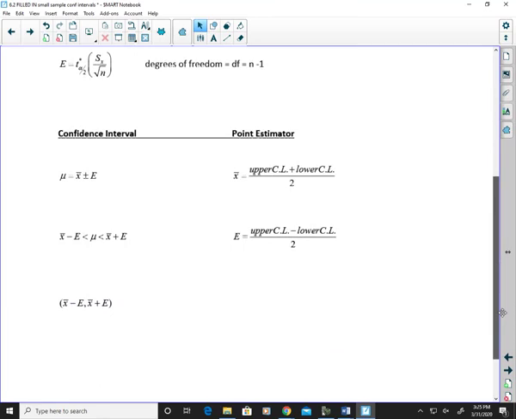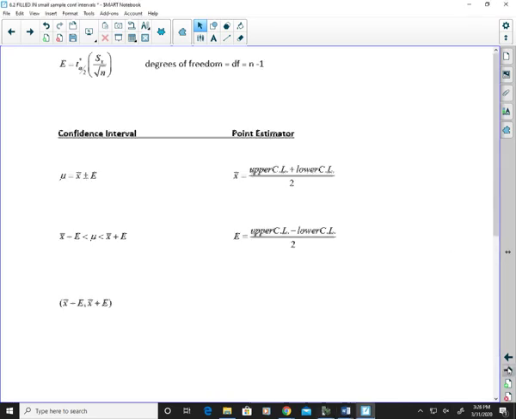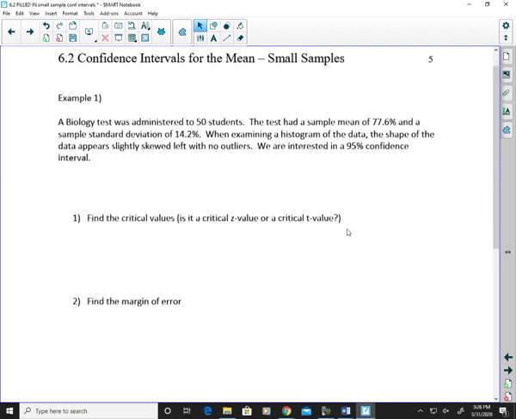So we'll be doing those same things as last time. The only difference is we will have to think about our critical T or critical Z.